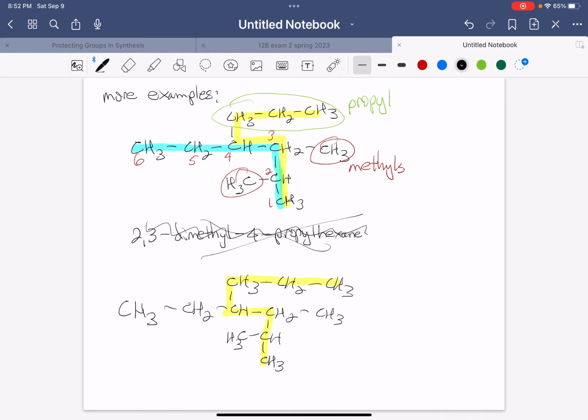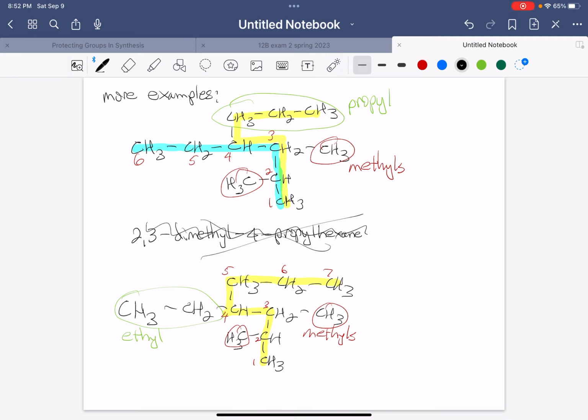Okay, but this is something that you'd actually be doing. Let's number these. 1, 2, 3, 4, 5, 6, 7. So now I've got methyls, and then this guy here is an ethyl.